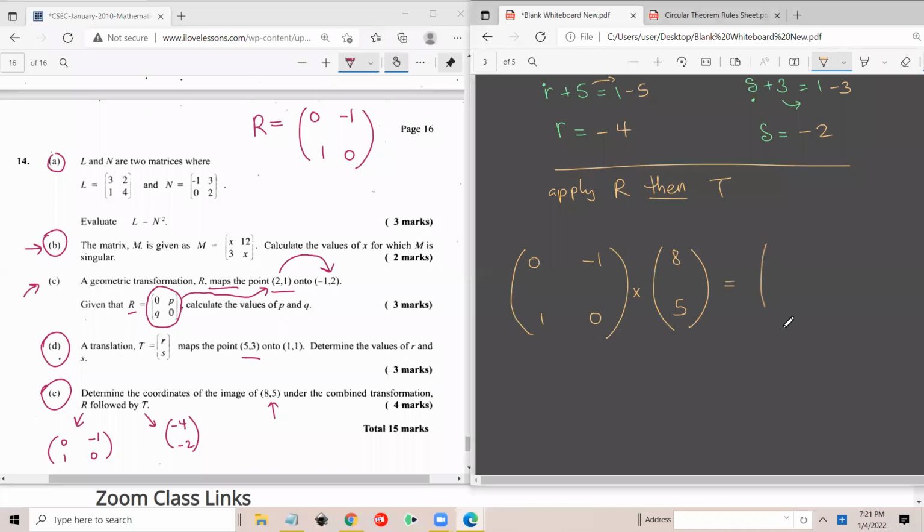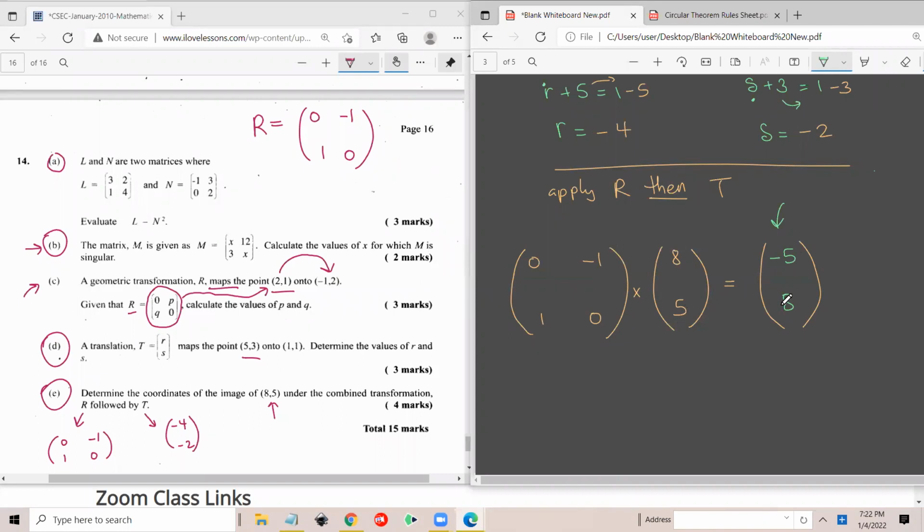And let's see what we get here first of all. All right, so for the first part of the question, when I apply R, I'm getting -5 and 8.